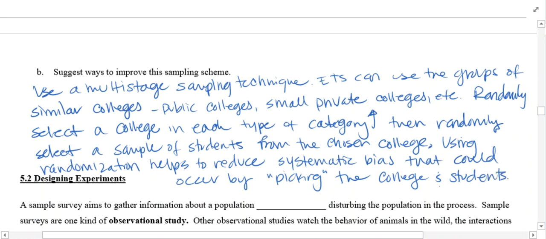Okay, so you always want to do things randomly. Okay, so we said randomly and then randomly again. And then explain why randomization helps to reduce systematic bias, which is always an important thing.